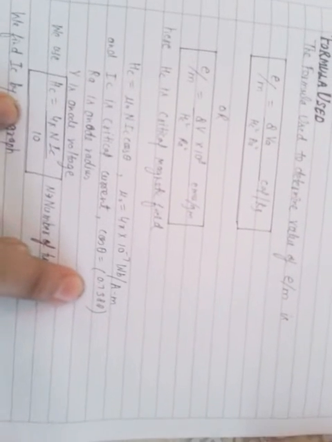Hc is the critical magnetic field, Ic is the critical current, cos theta is the fixed value 0.7388, and Hc is equal to 4 pi n Ic by 10. Here n is the number of turns per centimeter. So the values of n and Ra are fixed.